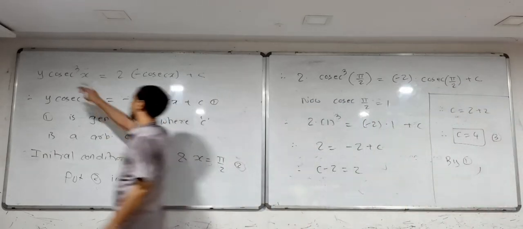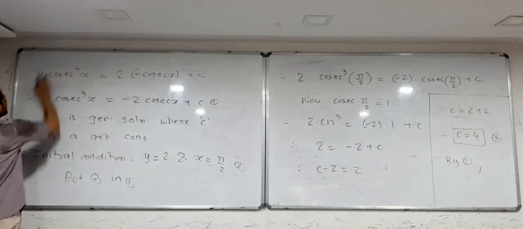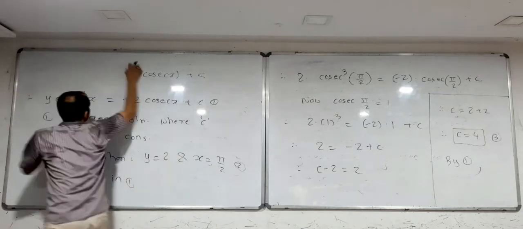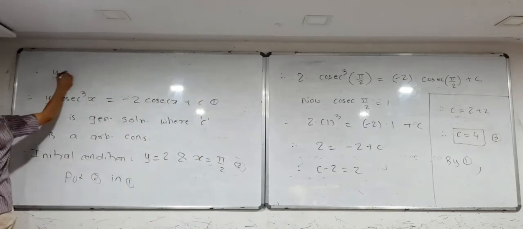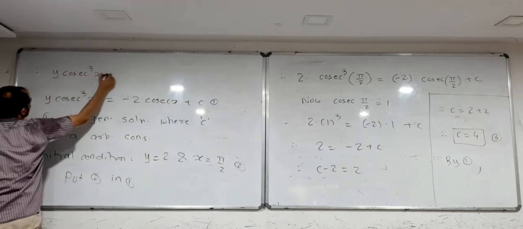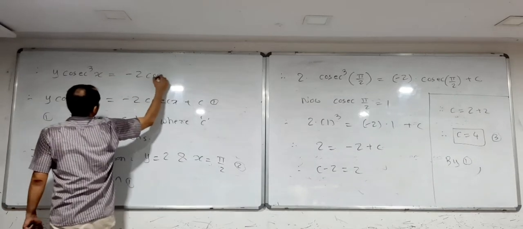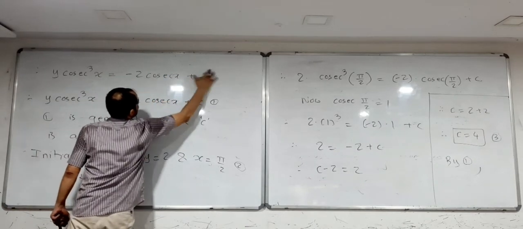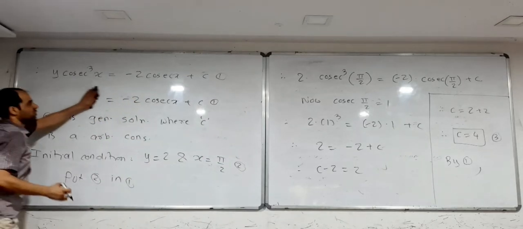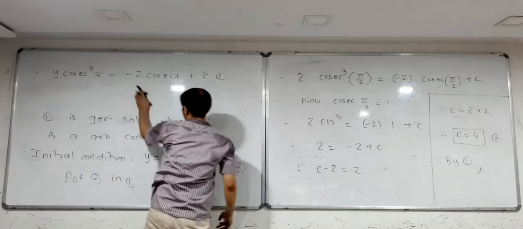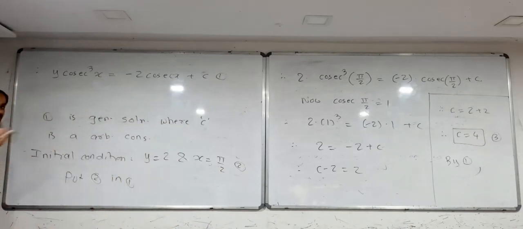By result number 1 we are having y into cosec cube x is minus 2 cosec x, इसमें c का वैल्यू आपको सब्स्टिट्यूट करना है. So y into cosec cube x is equal to minus 2 cosec x plus c. Okay, अब c का वैल्यू सब्स्टिट्यूट कर दो, 4, so plus 4. और फिर उन लोगों ने फाइनल आंसर साइन में कन्वर्ट किया है.